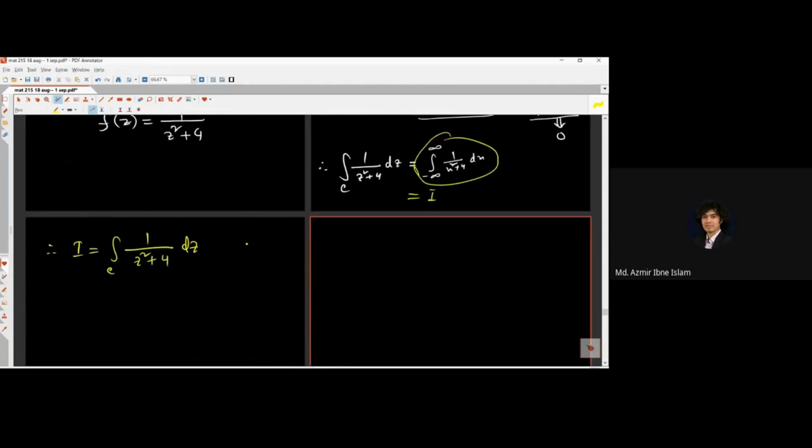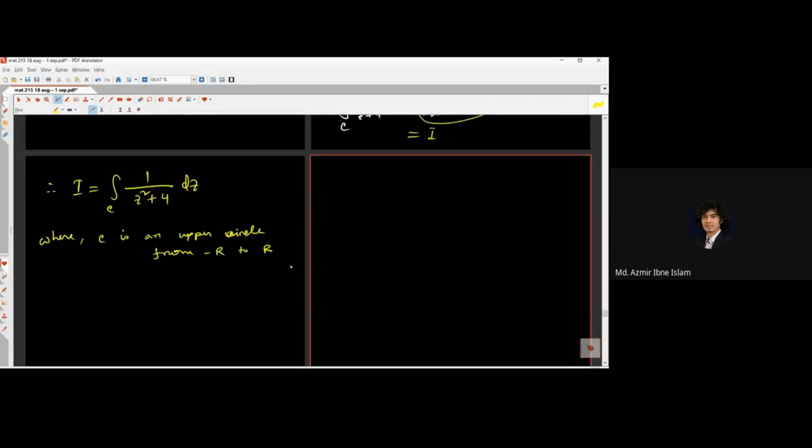So we solve this by using Cauchy's residue theorem, where C is an upper circle from negative r to r.